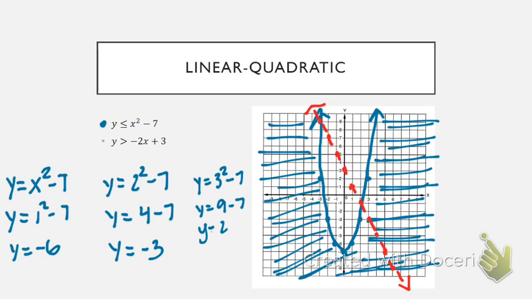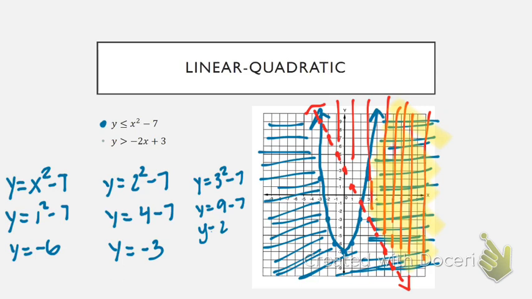And I want to know where is y greater than the red line. So we're going to shade above the red line. And then again, my solution to the inequality is where did we double shade, which is right there.